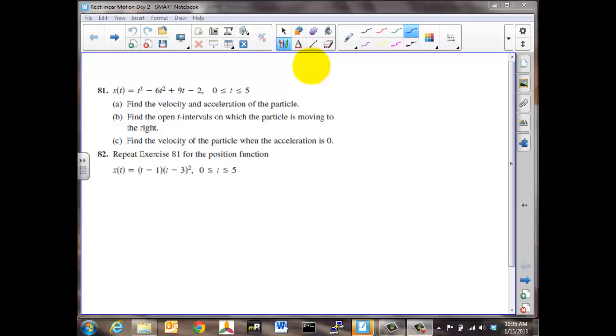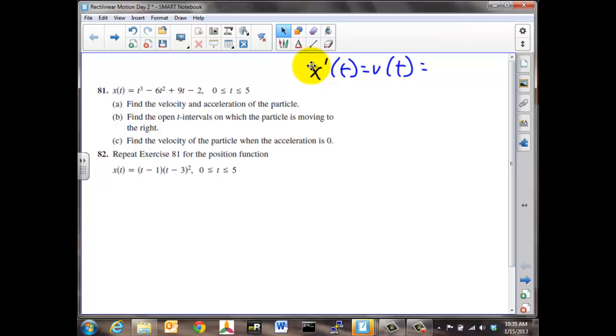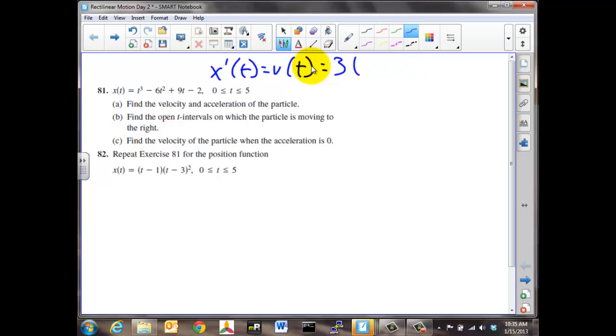Okay, Drew, what do we do to find the velocity and acceleration? All right, so we're going to take the derivative. That'll be our velocity. And what will that be, Drew? 3t squared minus 12t plus 9.